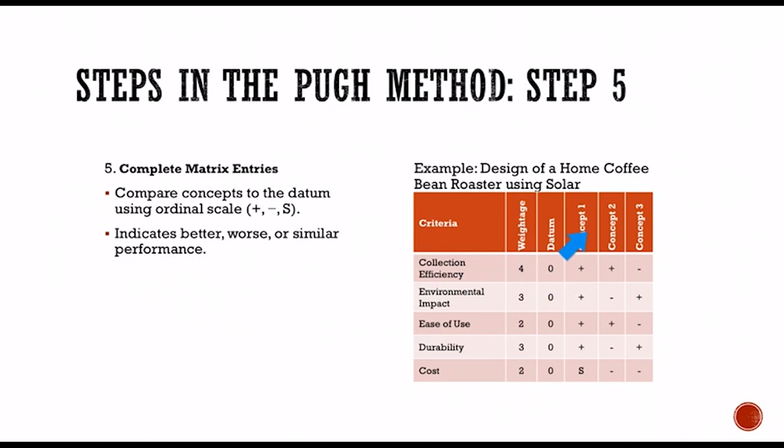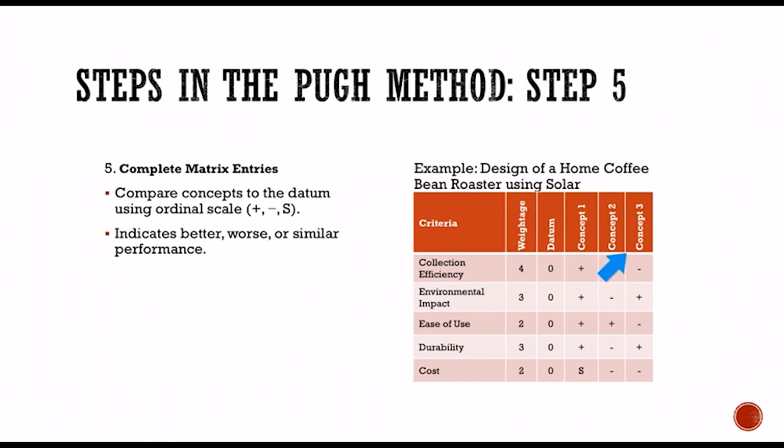It means that concept number 1 for collection efficiency is better than the reference product or datum. And if we compare concept 1 in terms of cost with respect to the datum, it states S. S means that concept number 1, when compared to the datum in terms of cost, has similar performance.